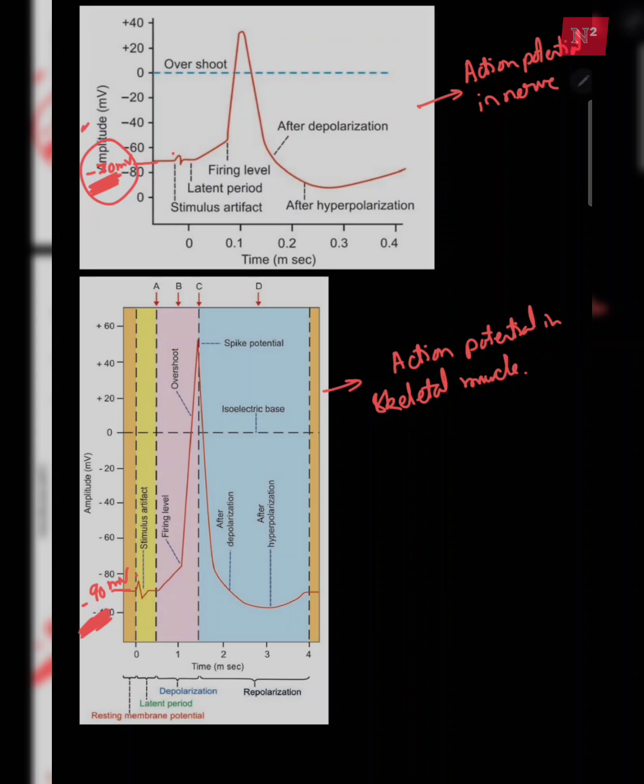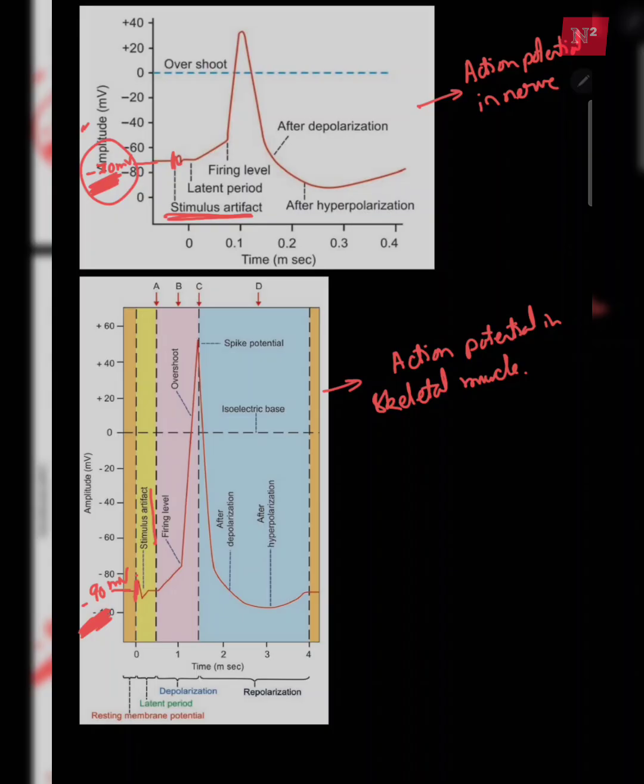Supposedly this is the point at which you are giving the electrical shock. In both of these you will get the stimulus artifact. Now as soon as the stimulus artifact is achieved, in the action potential curve we will get a jerky curve.